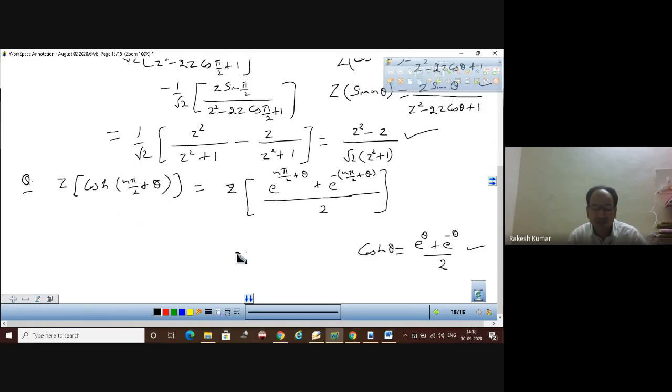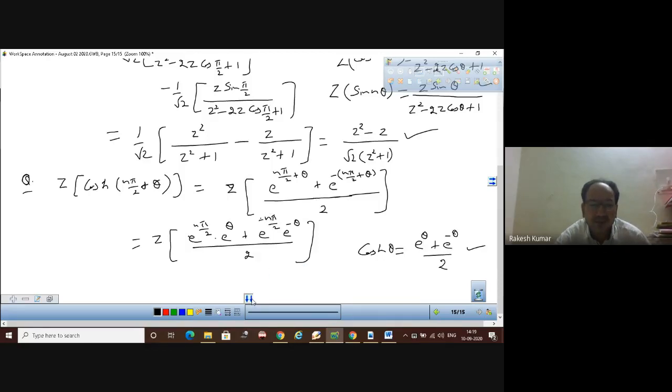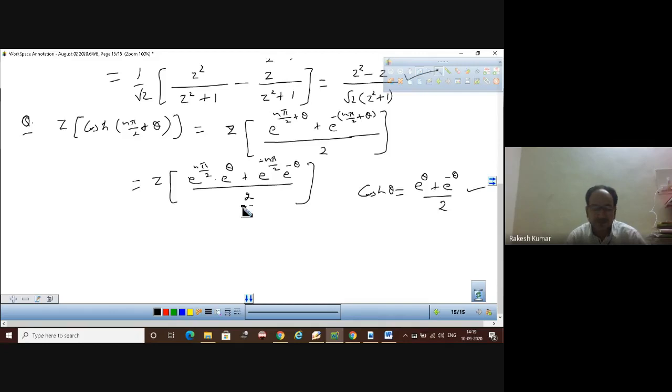And because this is the z transform of, it can be written as e raised to power n pi by 2 into e raised to power theta, and the next one is e raised to power minus n pi by 2 and e raised to power minus theta, and divide by 2. This is just a simple step of algebra.